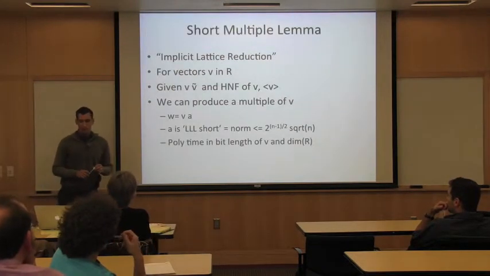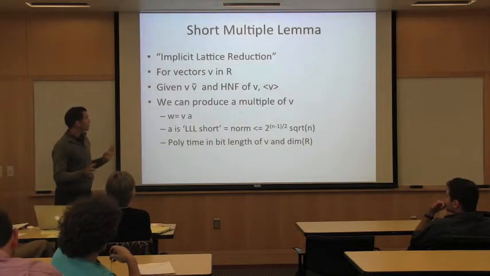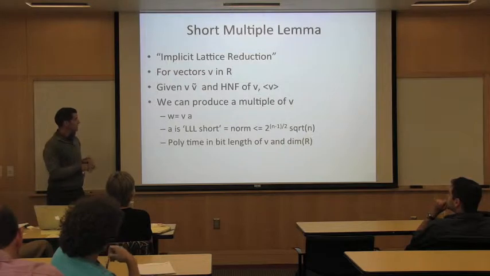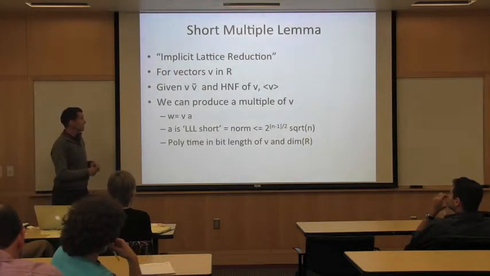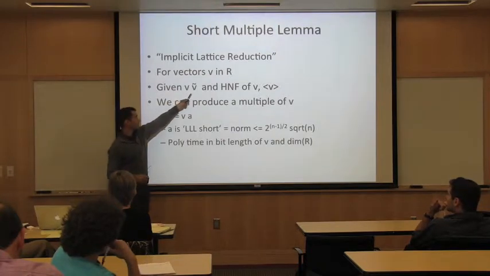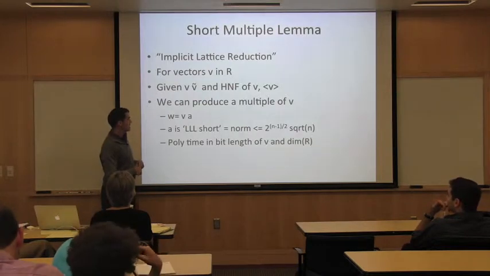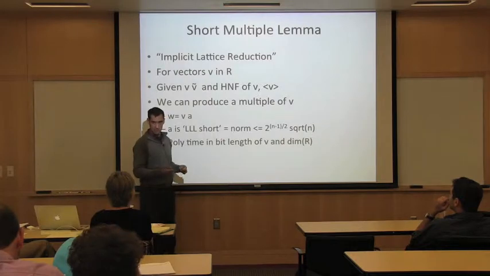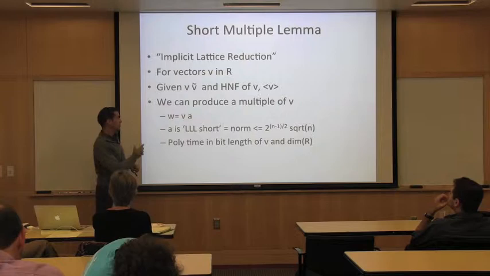So the recap of one of the things that we covered in the morning, let's call it the short multiple lemma. And Craig also called it implicit lattice reduction. And so that means for elements in this ring, if you're given the element times its complex conjugate and the ideal written in some coordinates, and so you could write it in the Hermite normal form if you wanted because it's in coordinates, then you can actually produce a multiple of v.